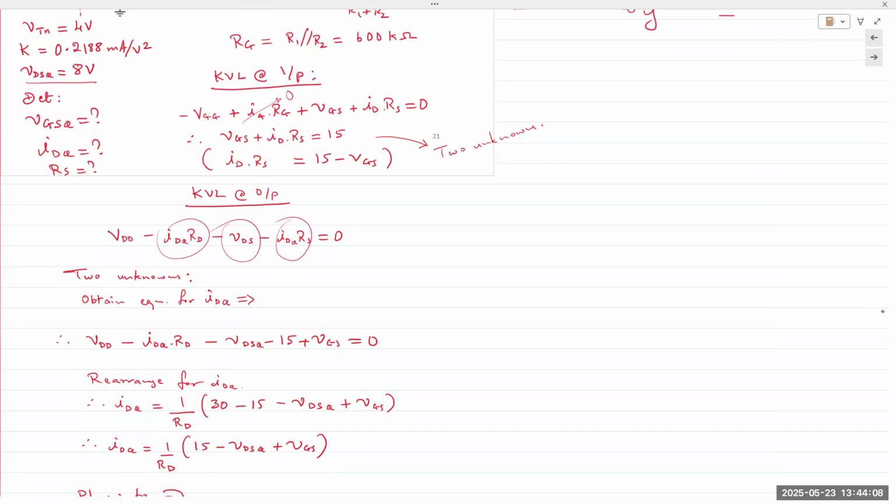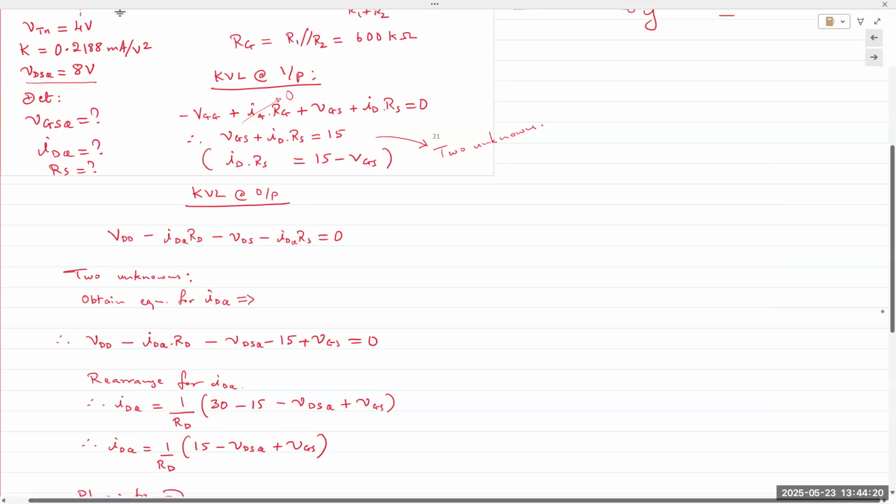There's a subscript of Q attached to ID and VDS because you're trying to find the Q point values for both ID and VDS. Now, if we do this, we end up with 3 unknowns because VGS is an unknown, ID is an unknown, and VDS would also be an unknown.